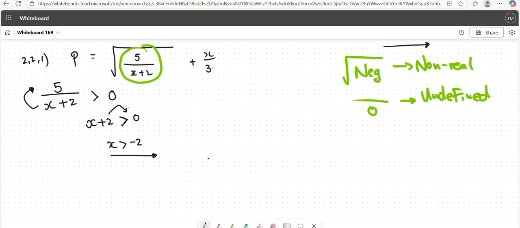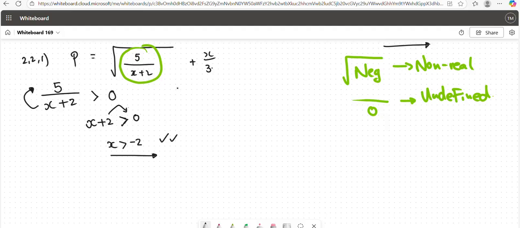Got rid of the 5. And yeah, these are the values of x.